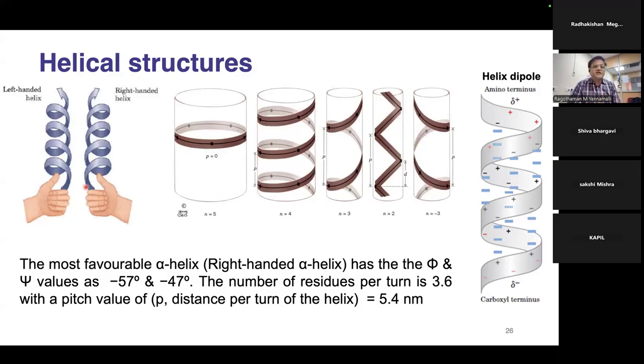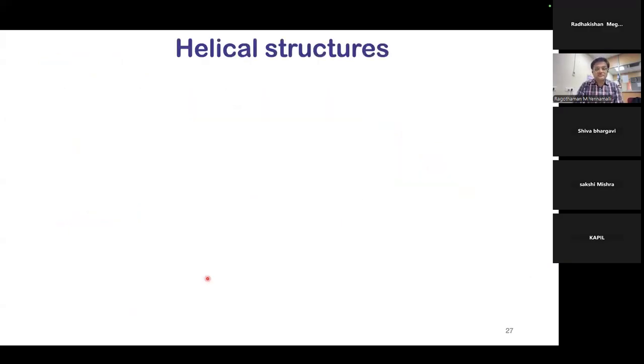Because let us say during drug design, you want to modify a particular protein by protein engineering methods and change something. You want to make sure that the secondary structures are not disturbed. The parameters that determine the alpha helix, the rise, pitch, distance, and number of bonds, are preserved. You can change the amino acid, but if these are preserved, then the protein function is preserved.